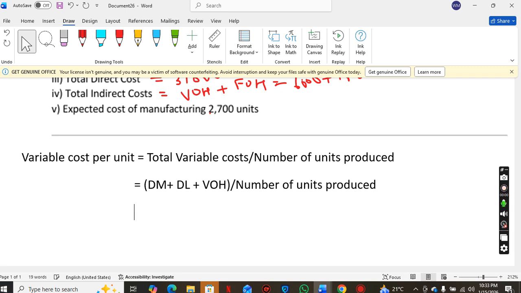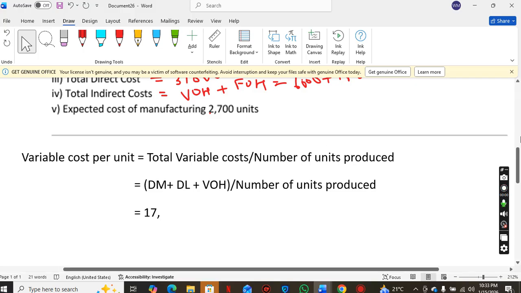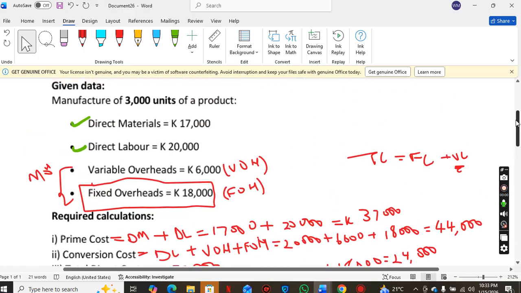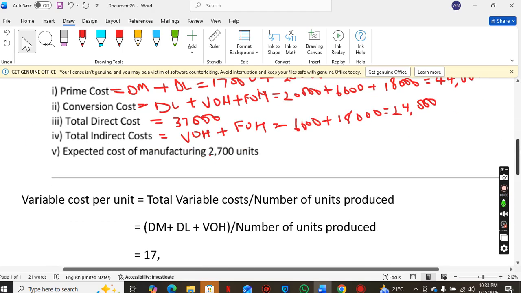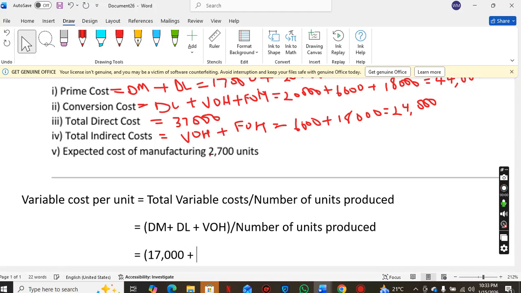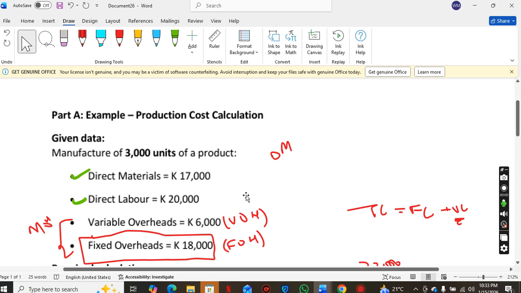Okay, so direct material 17,000, direct labor 20,000, so 17,000 plus 20,000 plus variable overheads 6,000. Number of units produced, because these costs were incurred when we produced 3,000 units, so we're going to use these 3,000 units.